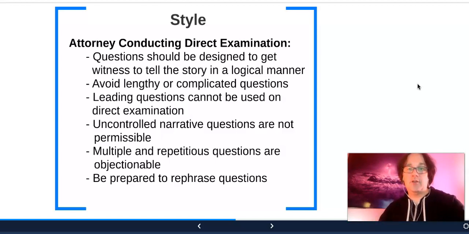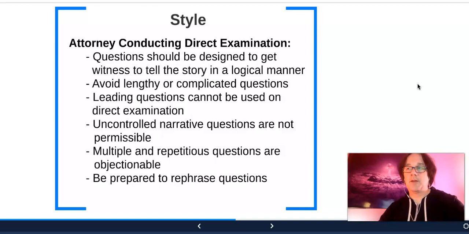Remember that you can't use leading questions during direct examination. Also, uncontrolled narrative questions are not permissible. You can't say, so tell me what had happened, right? That would be a narrative. They might start going off on a tangent. You have to be more precise, right?